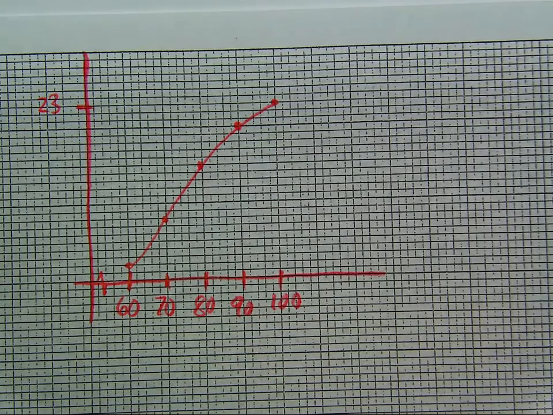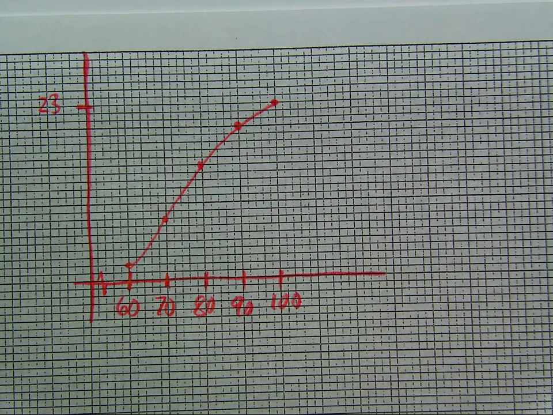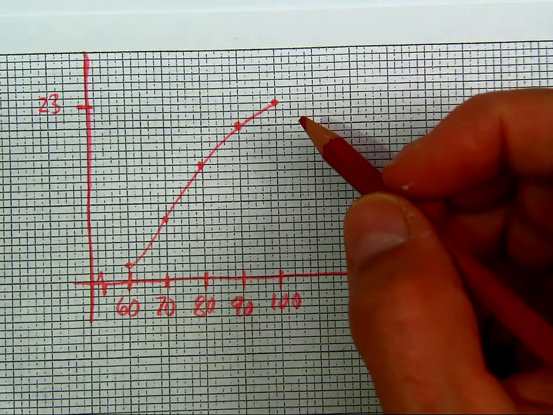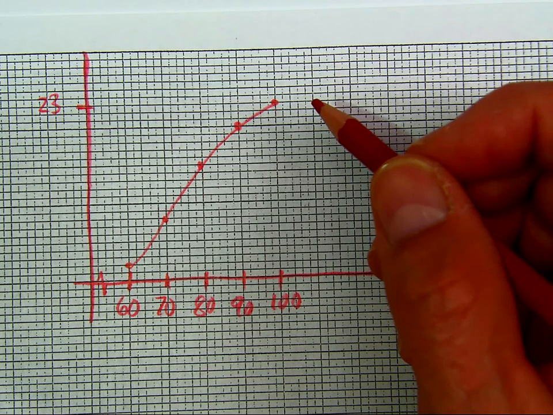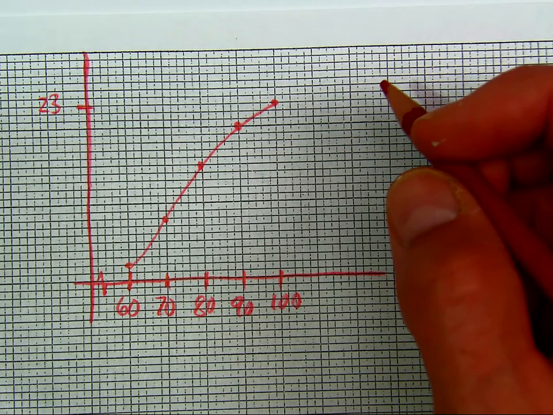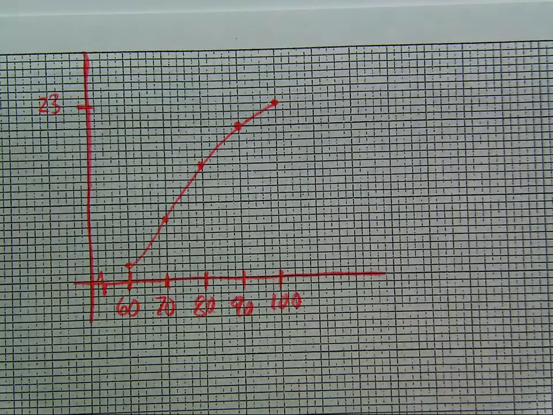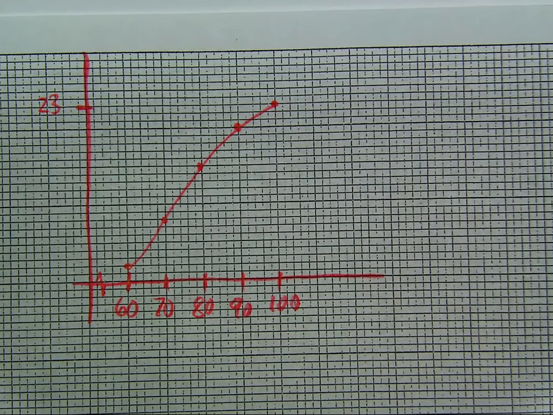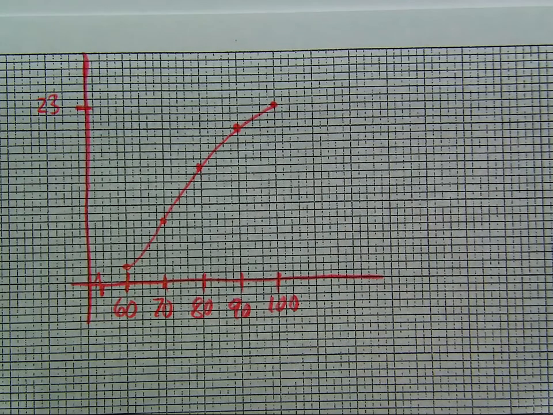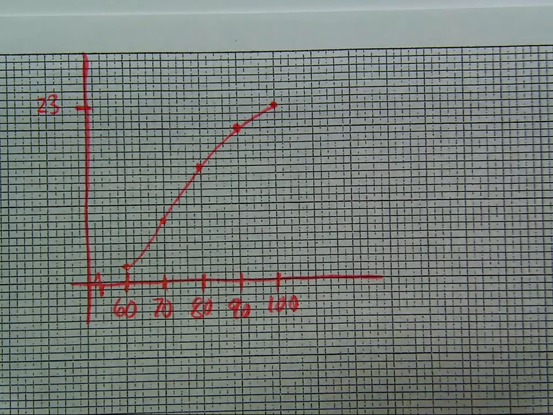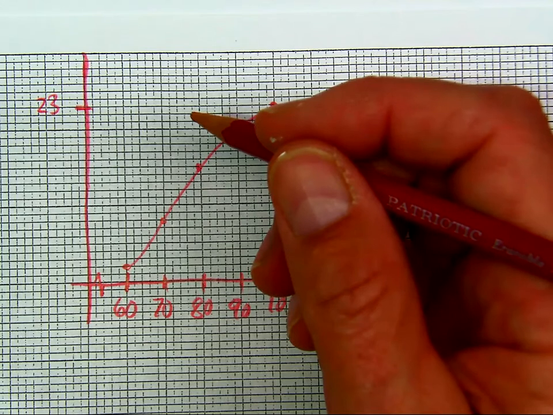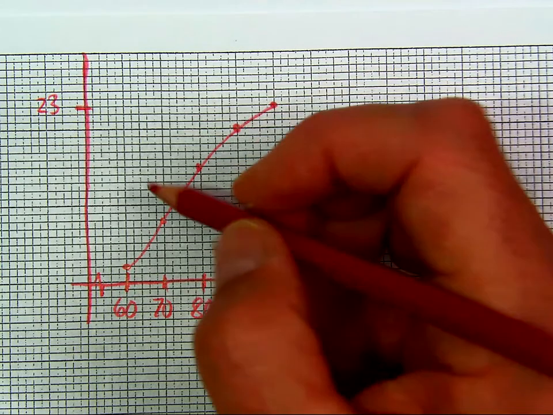And we want to estimate the median, and so we need to find the middle number. Half of 23, 11.5.